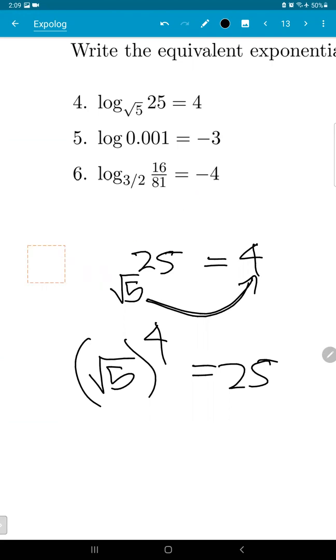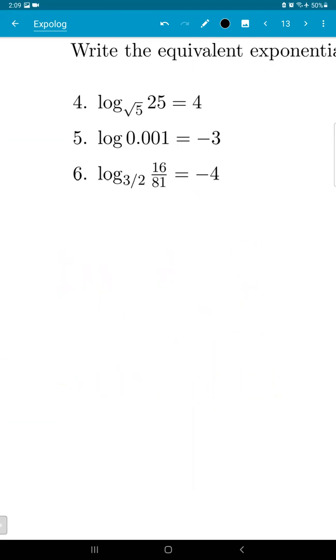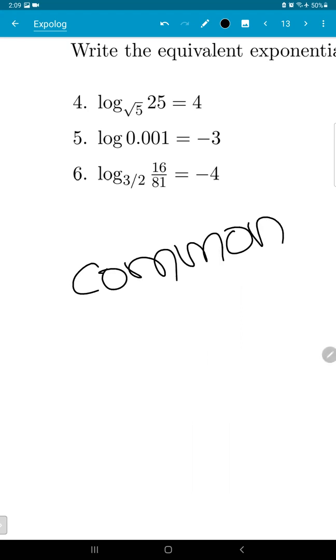Now number 5 has base what? If the base is not written and you use the usual notation for logarithm, it's understood to be base 10. We call it a common base as opposed to the natural base e, 2.71.